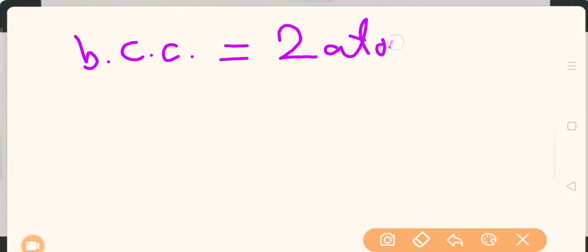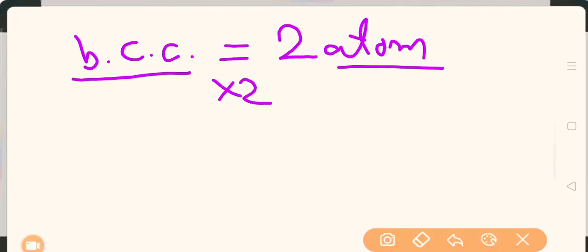Okay, so now the last step, you have to calculate the number of particles or constituent particles or atoms. So as mentioned in the conditions, we have a BCC unit cell, and as we know, in a BCC unit cell, one unit cell contains two constituent particles, and here our particles are atoms. So the number of unit cells multiplied by 2 will give us the number of atoms.